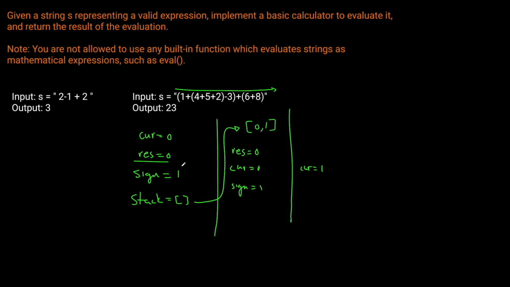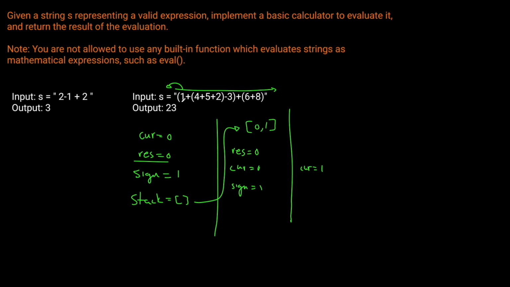So we keep going. So we get to a plus, and whenever we see an operation, we basically need to apply the current value to the result, because once we get to a plus here, that means that we've parsed out a number completely, so we need to apply that number that we just parsed to whatever the previous operation was.